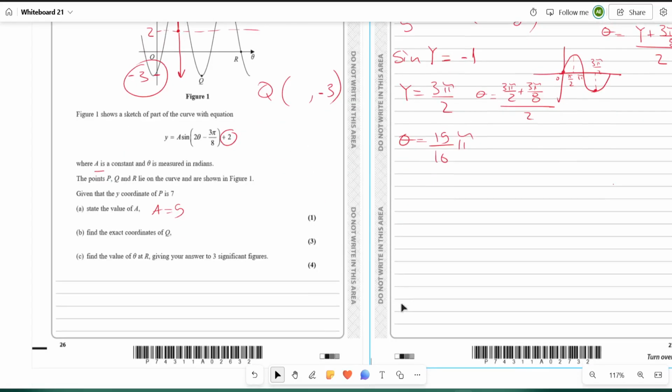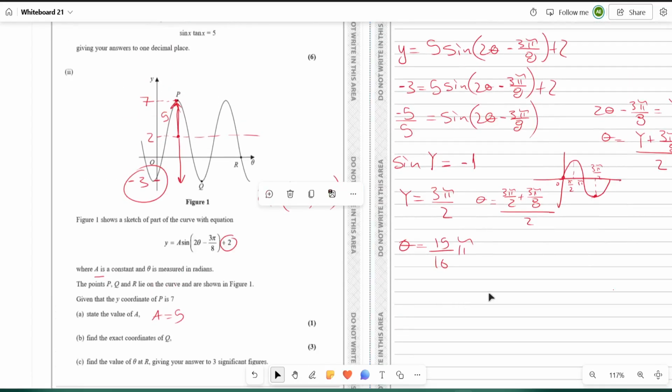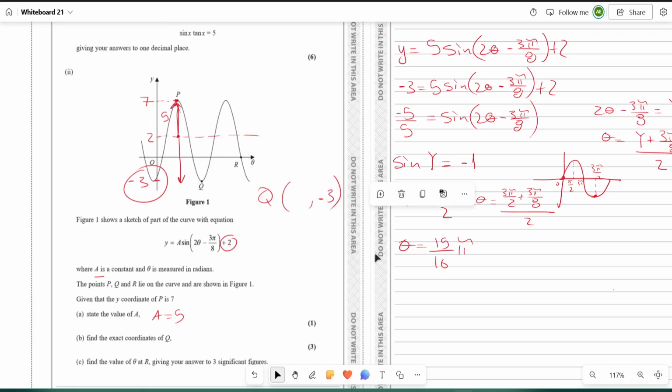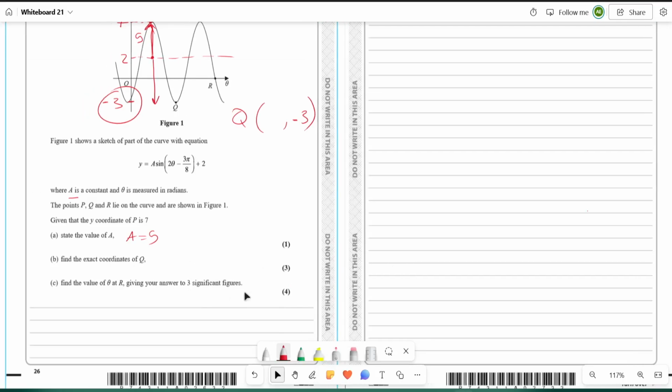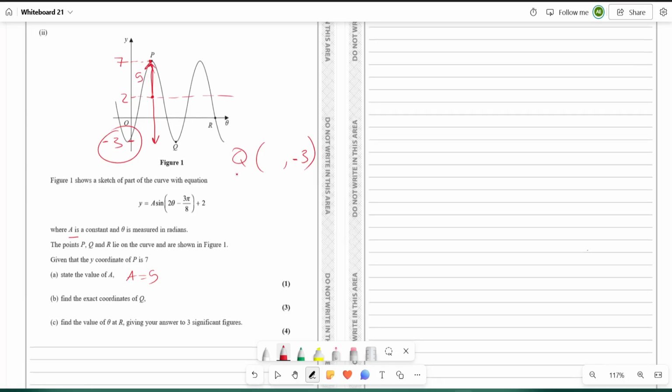Okay. Now, part C is a little tricky, so let's see how we can attempt it together. Let me just erase. Part C says, find the value of theta at R, giving your answer to 3 significant figures. So this is clearly when y is equal to 0.